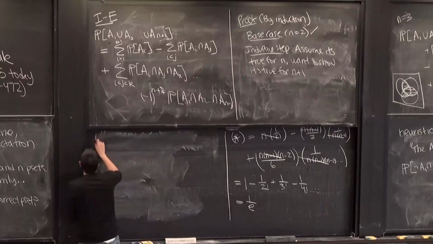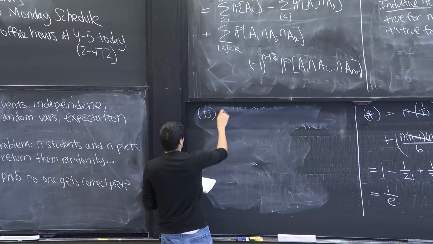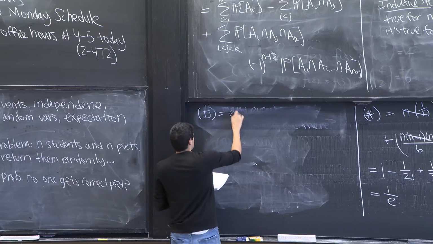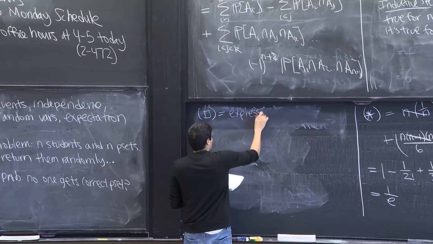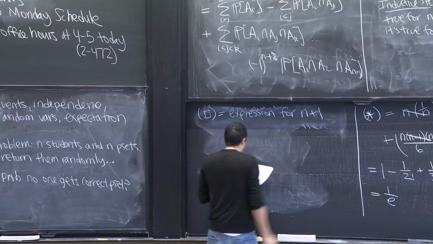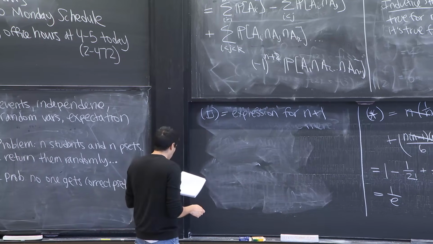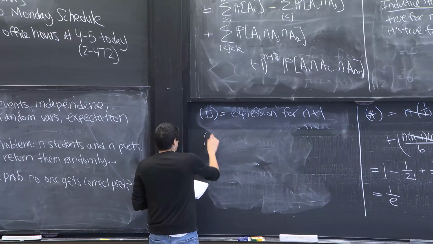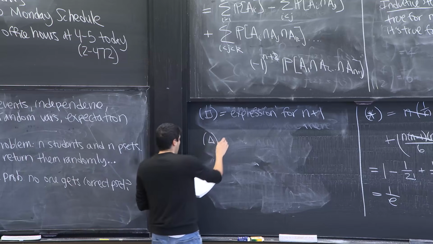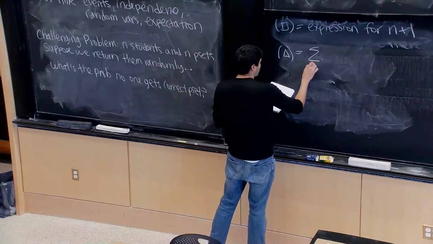First, I'm going to let star denote this expression right here, the expression for n plus 1. And I'm going to group this term, square, into different terms. Let me start off with the terms which I'm going to call triangle, where I just pull out my old inclusion-exclusion formula.